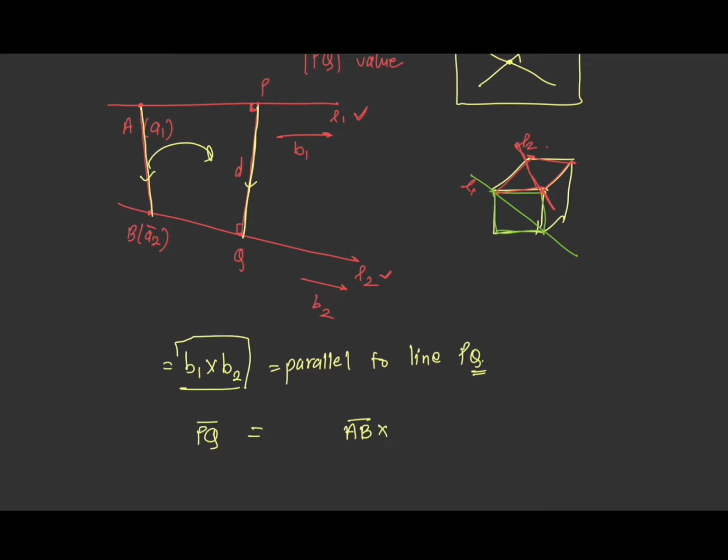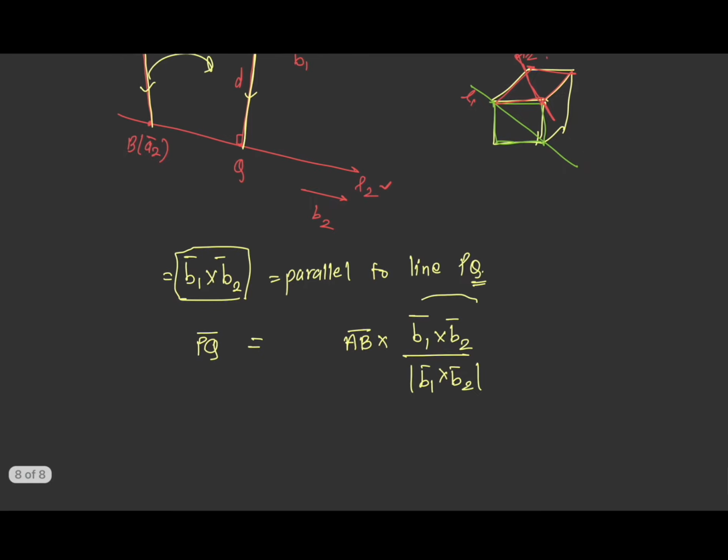PQ is parallel to B1 cross B2, so it's the vector B1 cross B2, and we divide it by its magnitude. That gives us our direction, and the other part gives the magnitude, and then we'll have our PQ, which is what we need to calculate.